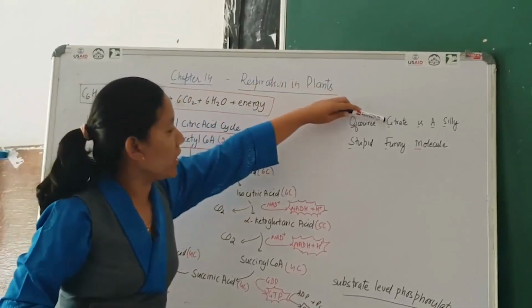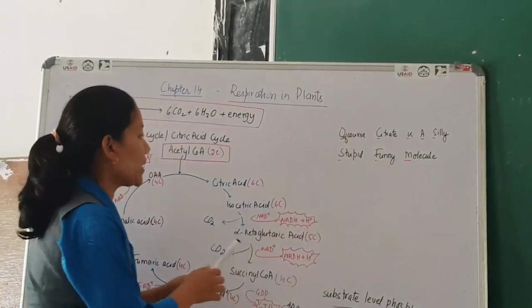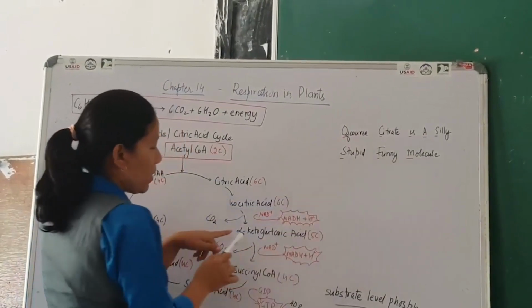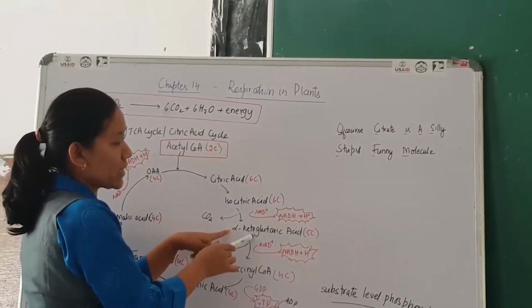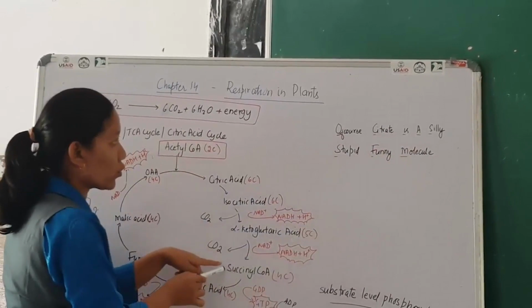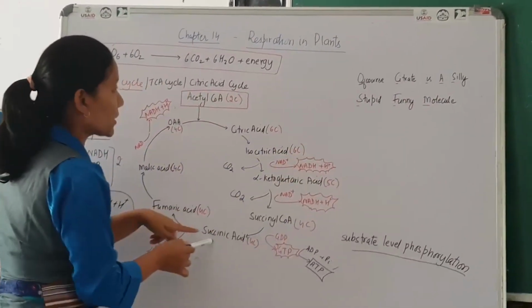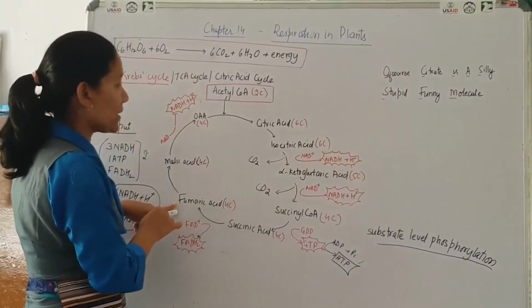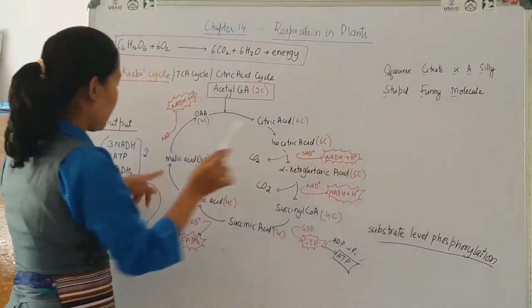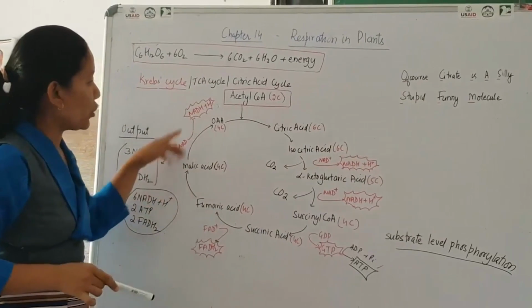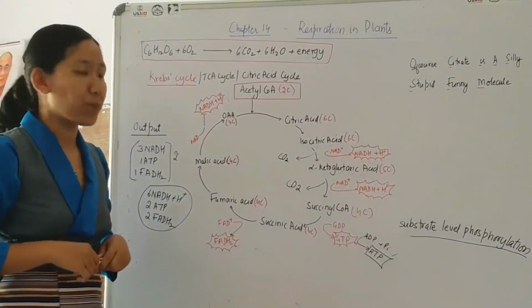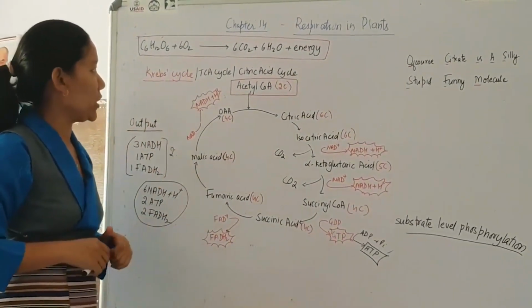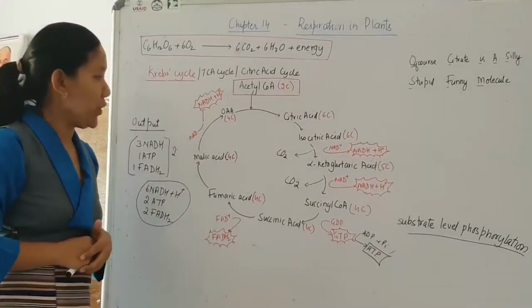Citric acid here, isocitric acid or isocitrate, and A, alpha ketoglutaric acid. S, succinyl-CoA, and S here, succinic acid. And then funny, F from funny, that is fumaric acid, and molecule, M standing for malic acid. So in this way you can remember the sequence, and this is a very important topic from the chapter.